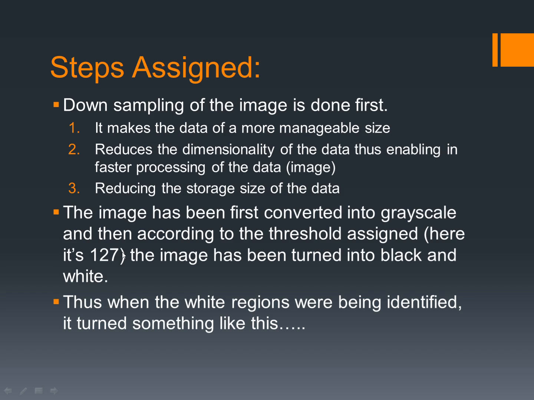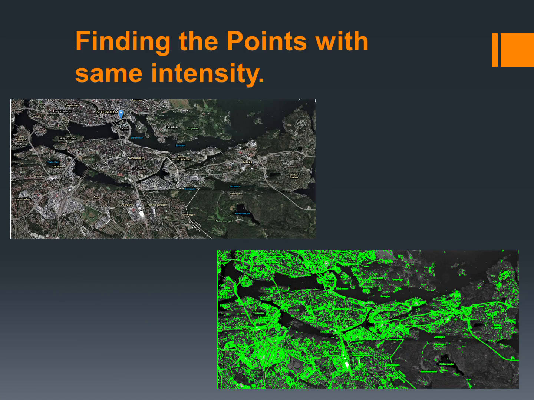127 is just half of 255, for which it worked perfectly, but I also checked the rest of the cases, and for 127 I got good results. After it's converted into black and white, we identified those regions, and it appeared something like this. But do we get a perfect result? No, obviously, because in these forest regions we get values which are not even of concern.